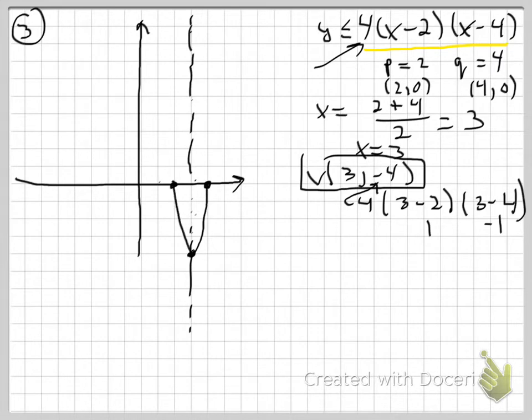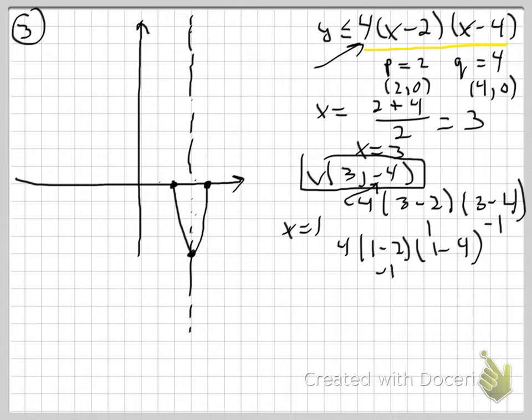So I have this going on like this, and then I needed to go up. I don't know if I left enough room to go up. But I'm going to try putting in the number 1 here. So I'm going to put in x is 1. What do I get for y? So I get 4 times (1 minus 2) times (1 minus 4).